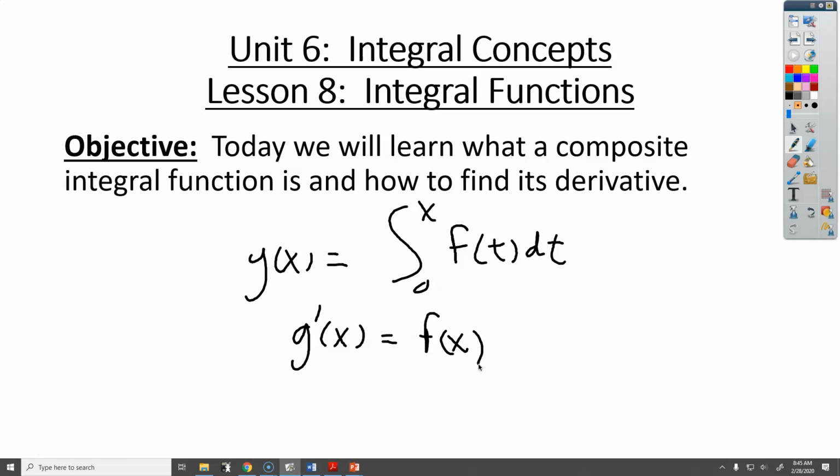A composite integral function is where they start doing weird stuff like this. It's where your limits are both changing. So you have a function whose end point and beginning point are altering as you go. We're going to look at those, and hopefully see what they represent and mean.